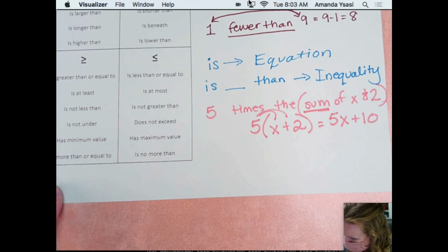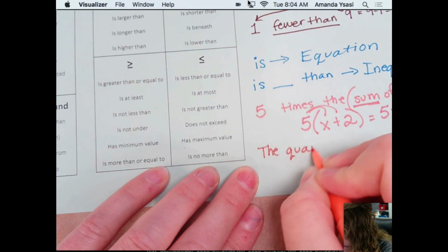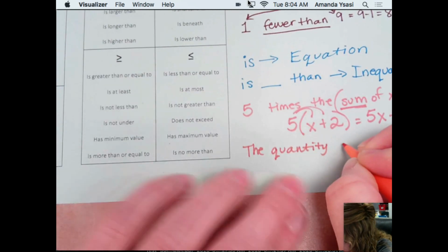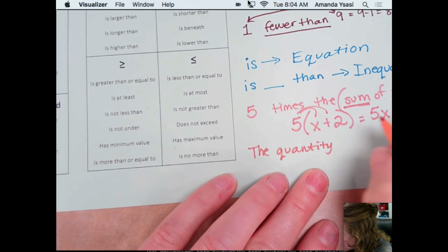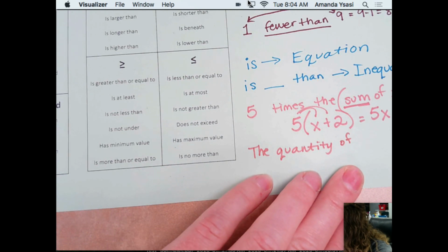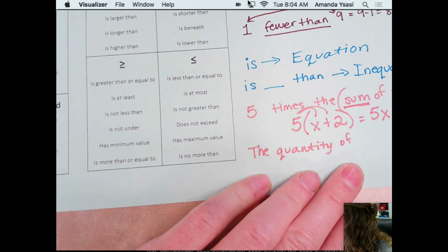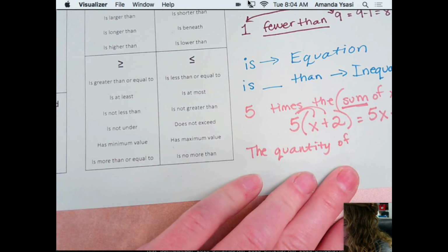Let's see, times the difference, 5 times the sum, 5 times the difference, the quantity. You can also say the quantity of x and, I'm not sure, I think one of them was like half the quantity or half of something.